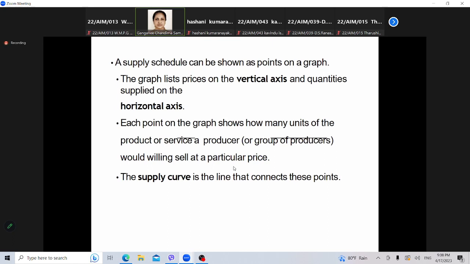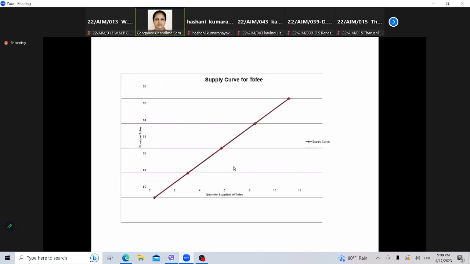Each point on the graph shows how many units of the product or service a producer or a group of producers would be willing to sell at particular prices. So the supply curve is the line that connects these points. Same as the demand curve. If you understood demand efficiently, it's very easy for you to understand supply. See, the only change is the direction.